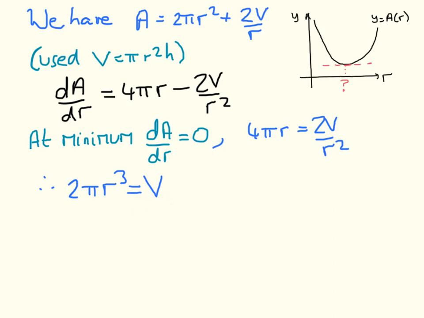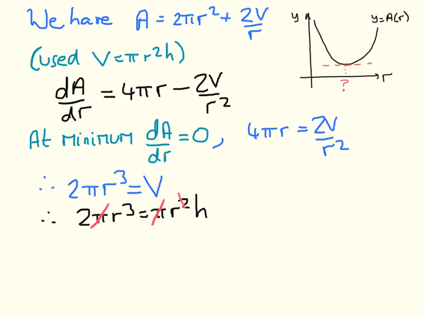But remember, we saw earlier that the volume of the cylinder is pi r squared h, so this tells us that 2 pi r cubed is equal to pi r squared h. So we can cancel here the factor of pi, and we can divide both sides by r squared because we know that the minimum is not when r is equal to 0.